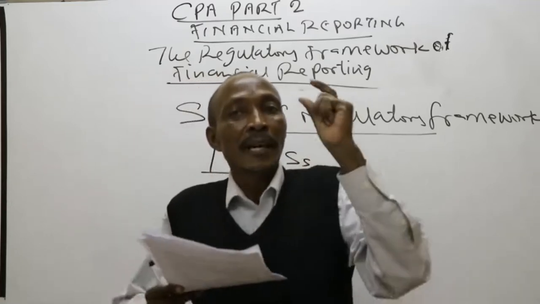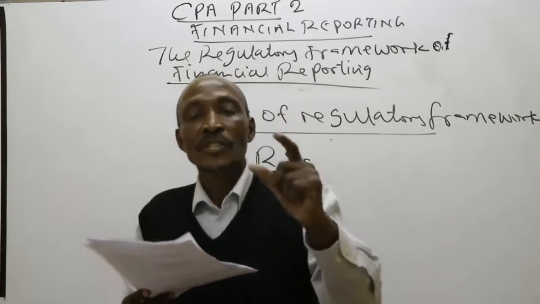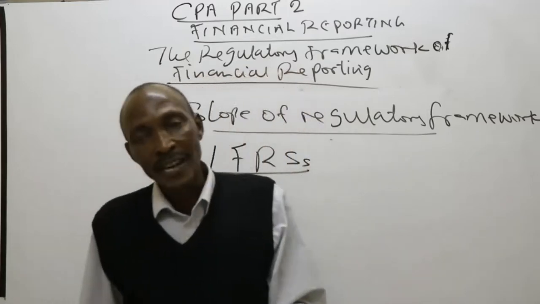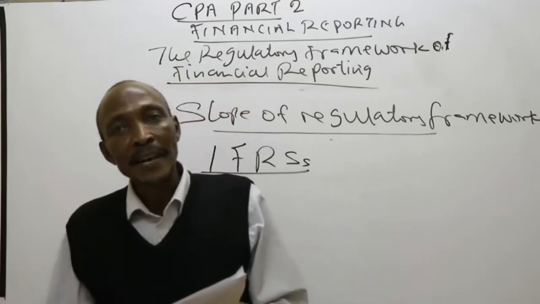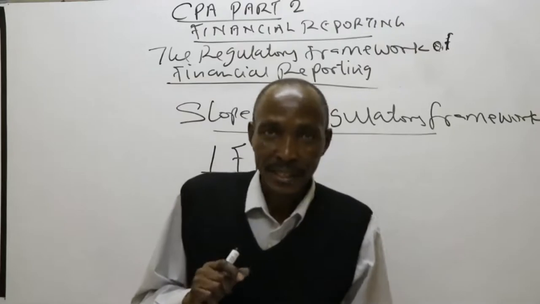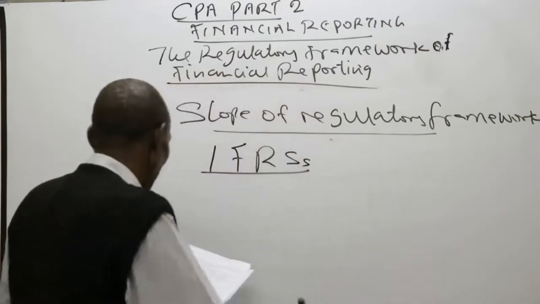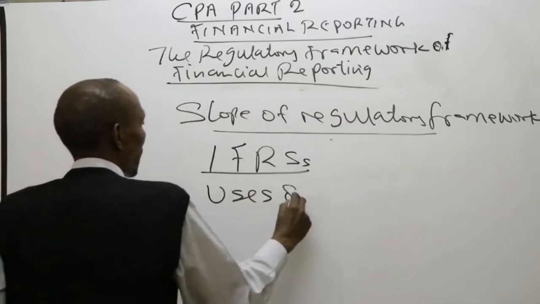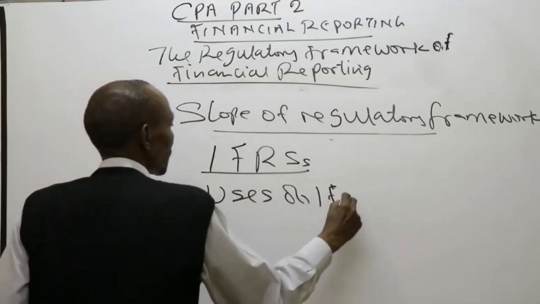Preparation and presentation of financial statements. Now, for examination purposes, you may be asked about the uses of IFRS or the advantages and the disadvantages. So better discuss a little bit about uses of IFRS.